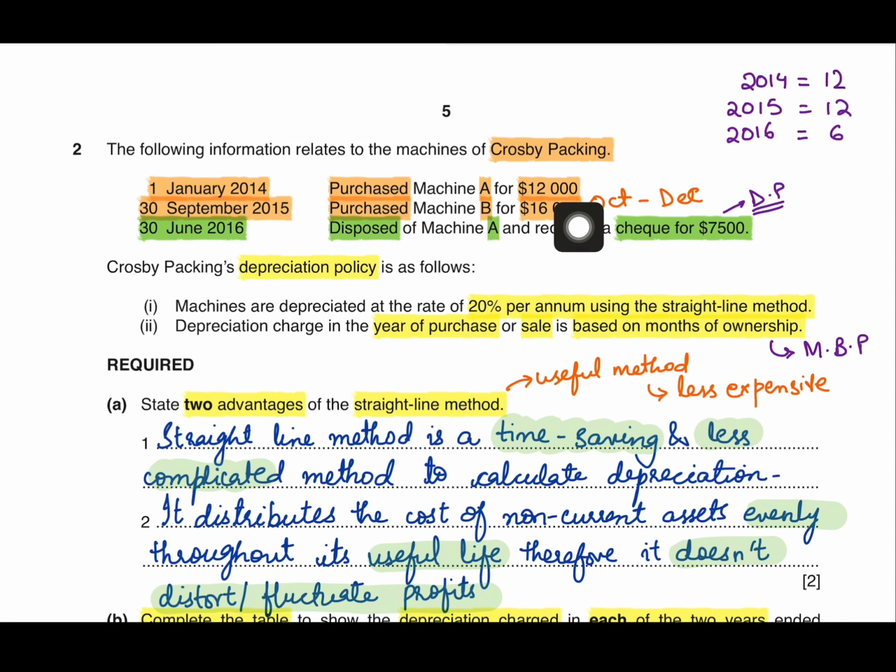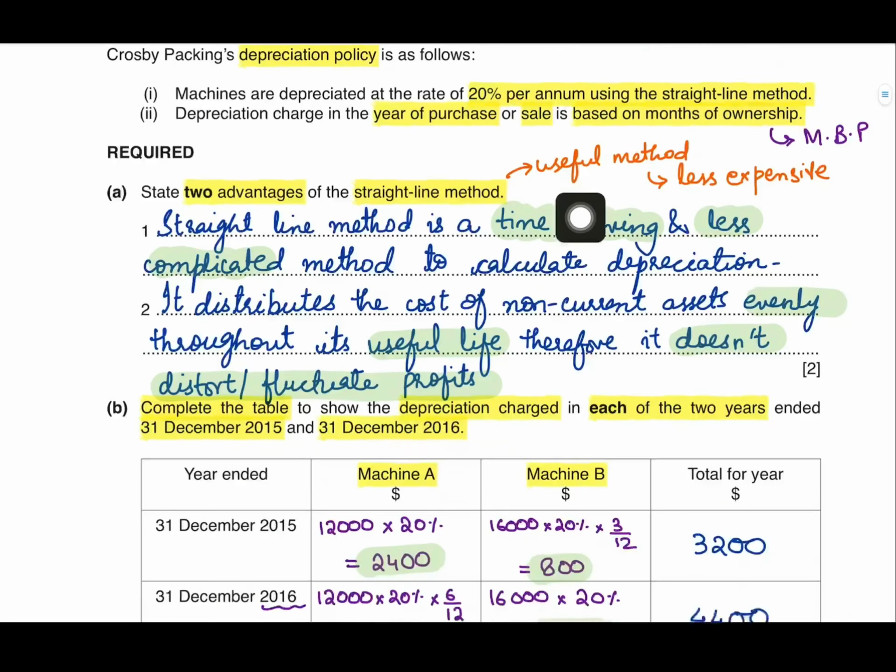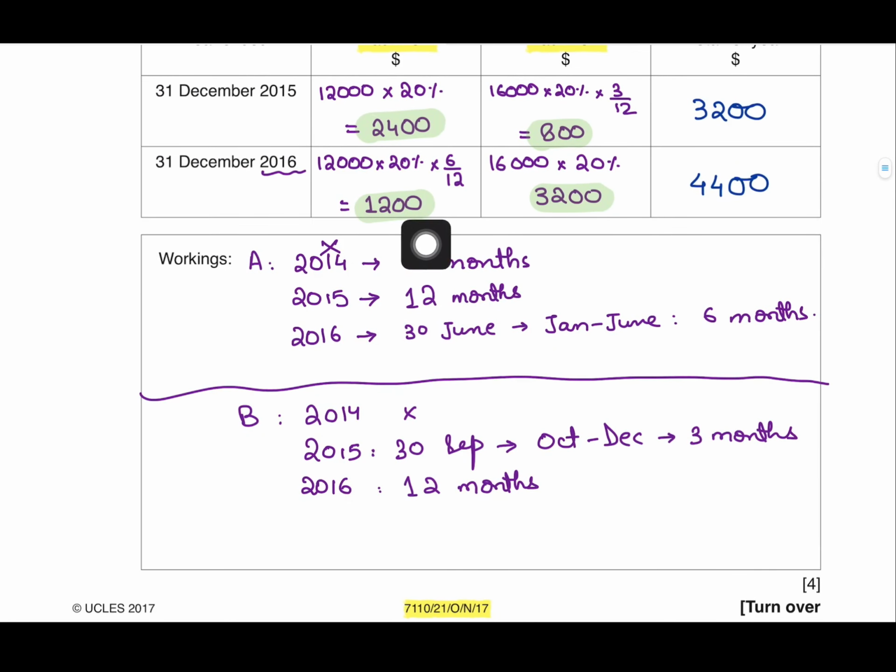And in 2014 there was just one machinery, and that is machinery A, which had a cost of $12,000. It was purchased on the first date of the year. So this means that we calculated depreciation in 2014 for full 12 months, right? So this was the only depreciation expense for the business in 2014, which will become the balance brought down for 2015.